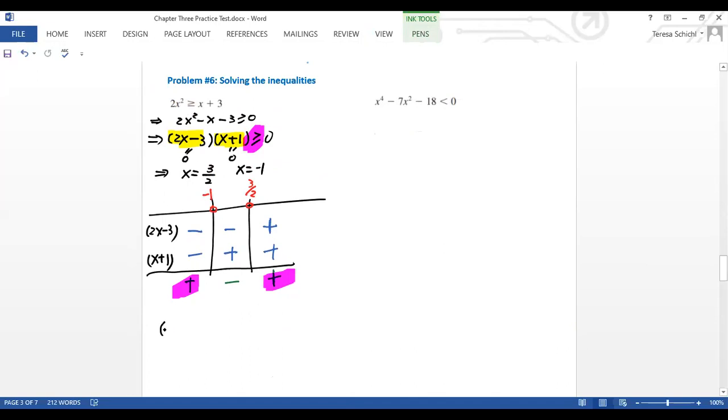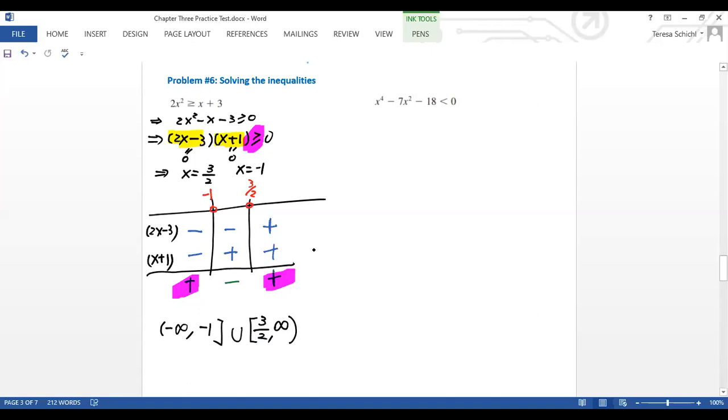This one here will be negative infinity to negative 1, and the union, with the equal sign, 3/2 to positive infinity. That's it.